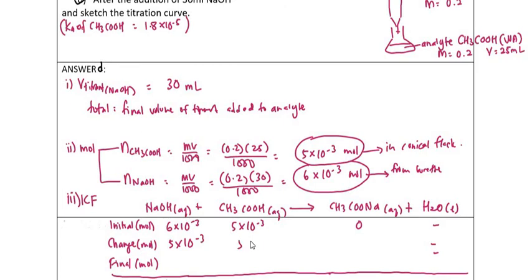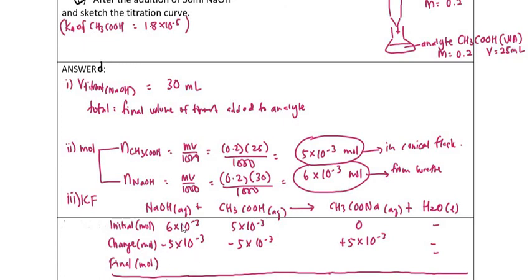You write 5 exponent negative 3 here, also for your salt here. As usual, your reactant is negative because the mole decreases, and the product is positive.